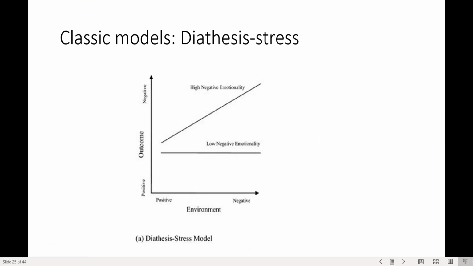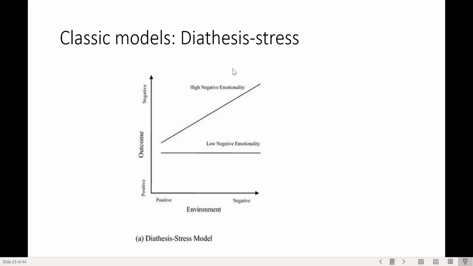So how does that fit with some classic models? Typically, what we think about when we talk about stress and maladaptation, in psychology we often have this so-called diathesis stress model, where in negative environments people suffer, so there is an increased negative outcome.